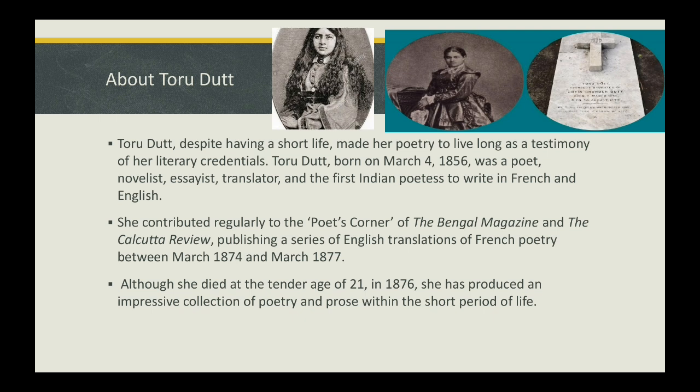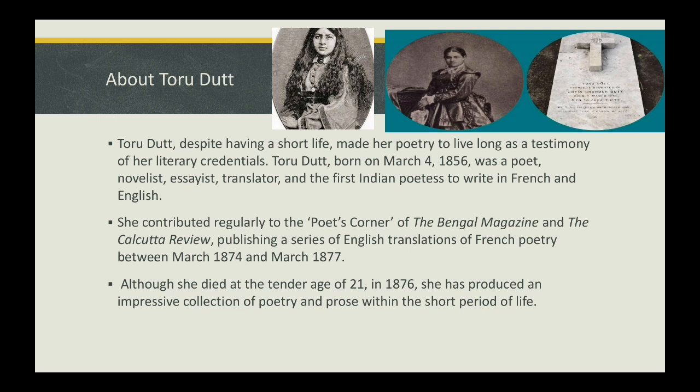Although she died at the tender age of 21 in 1876, you need to note the point that it is 1876, in the 19th century. She produced an impressive collection of poetry and prose within her short span of life.